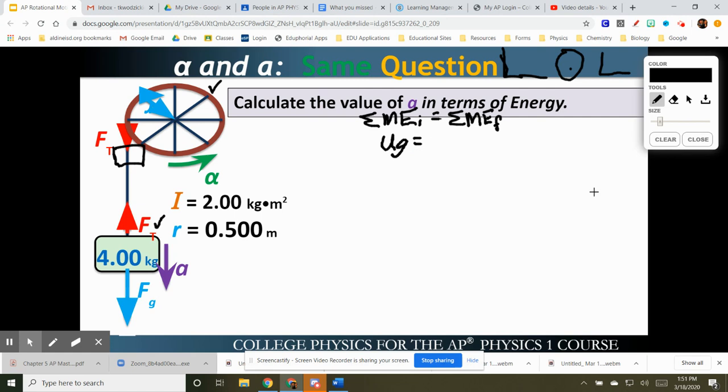Okay, so what's our final potential energy then? The block drops, right? And it goes down to what we'll call our 0 mark. So what's mechanical energy final?